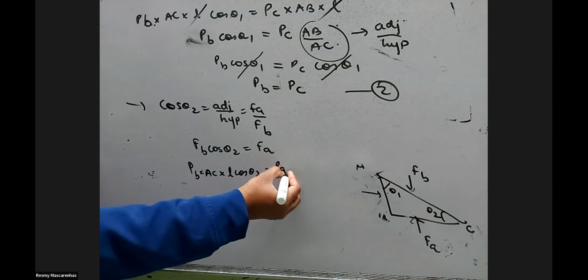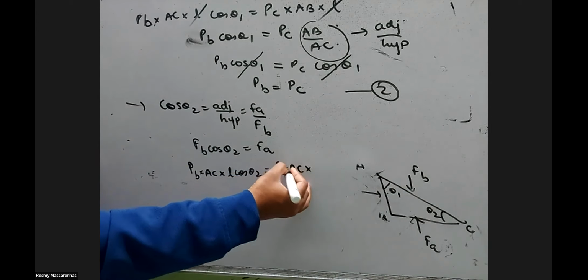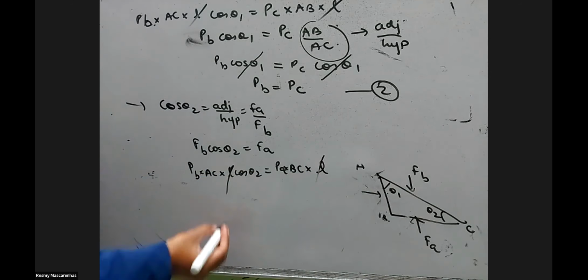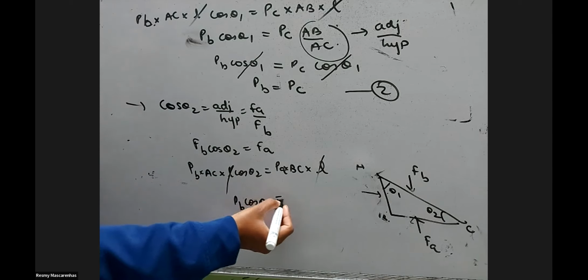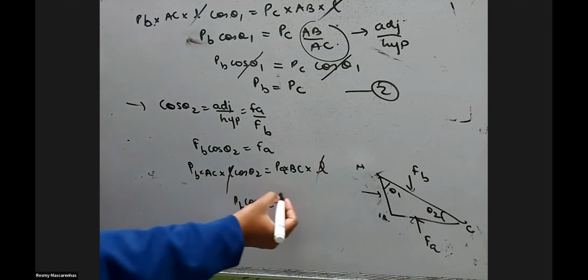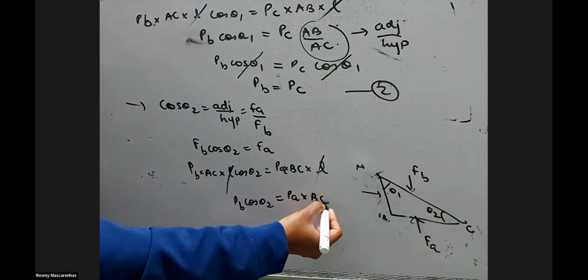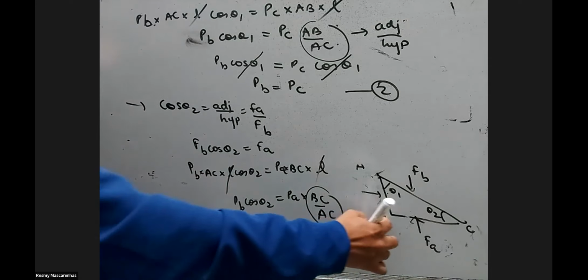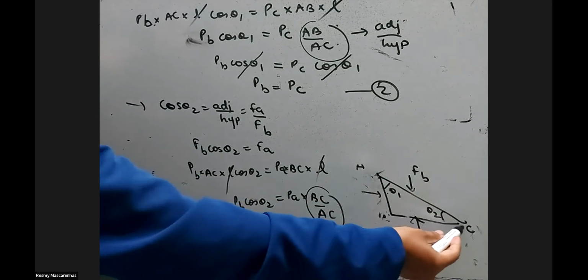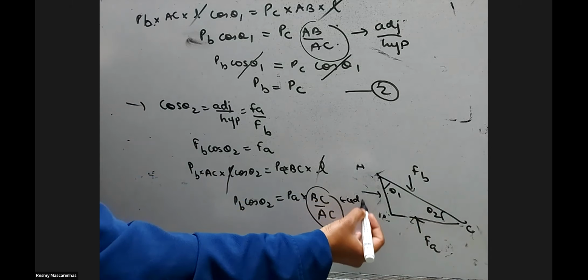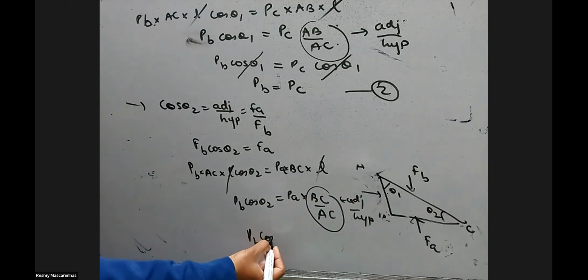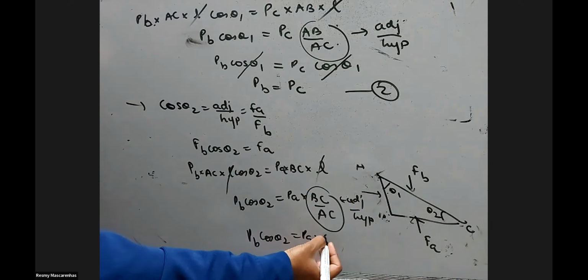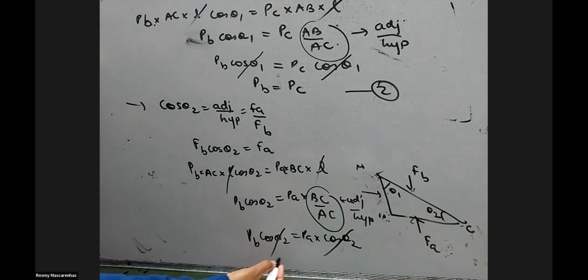Fa is Pa BC into L. L and L will cancel. Now Pb you keep here only. Now see what is BC upon AC. BC upon AC is again adjacent upon hypotenuse for theta 2, the same thing. We will get Pb equals Pa.